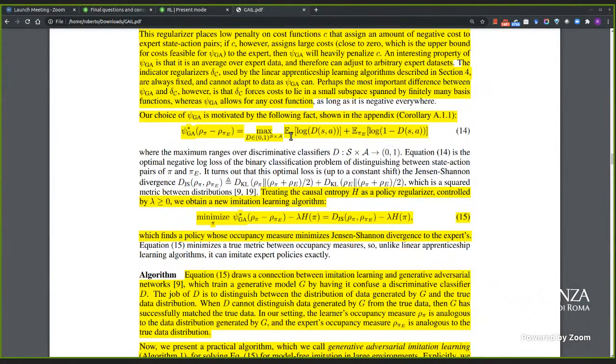So the policy that we're learning will be our generator, which will try to make the discriminator confused as much as possible by basically imitating the expert trajectories.